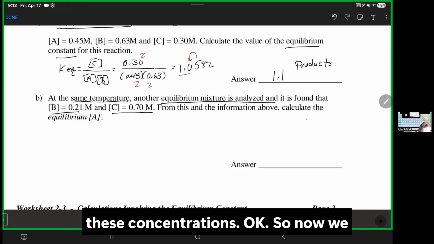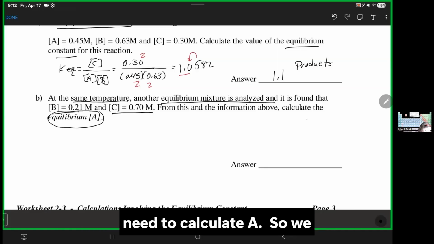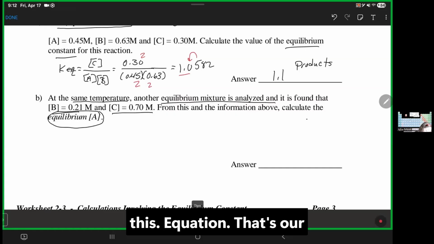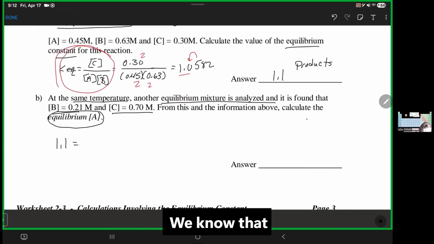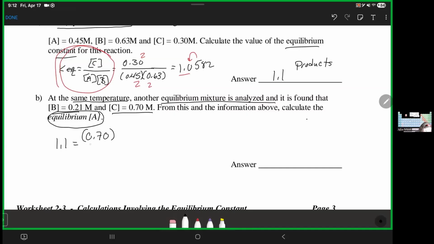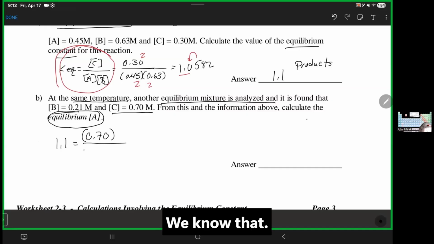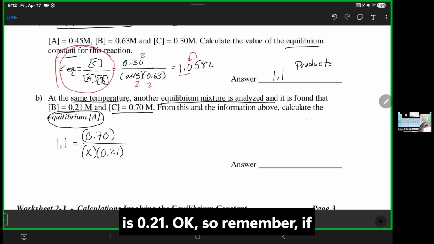Okay, so now we need to calculate A. So we know our K_eq, using this equation, that's our equilibrium expression. Our K_eq is 1.1. We know that C is 0.70. We know that A is what we're looking for, and B is 0.21.